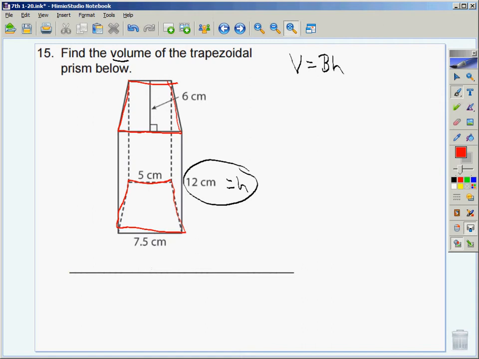I separate out that trapezoid. In the trapezoid, they told me that this was 7.5, that this was 5, and that this distance was 6.